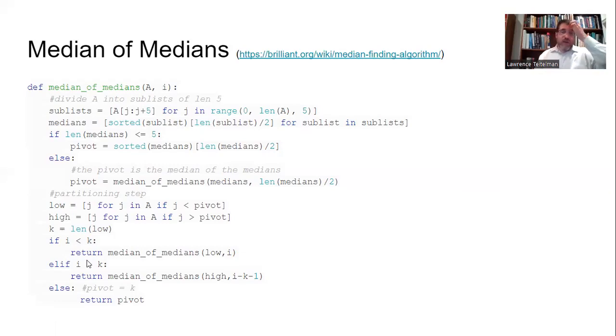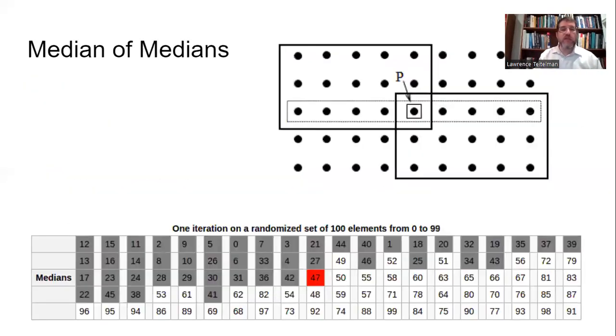All right, so as with many other algorithms, the best way to understand what's really going on is to visualize it. So here's what we're going to do. This actually comes from Wikipedia, and they did a nice job of visualizing what's going on. All right, so let me walk you through this.